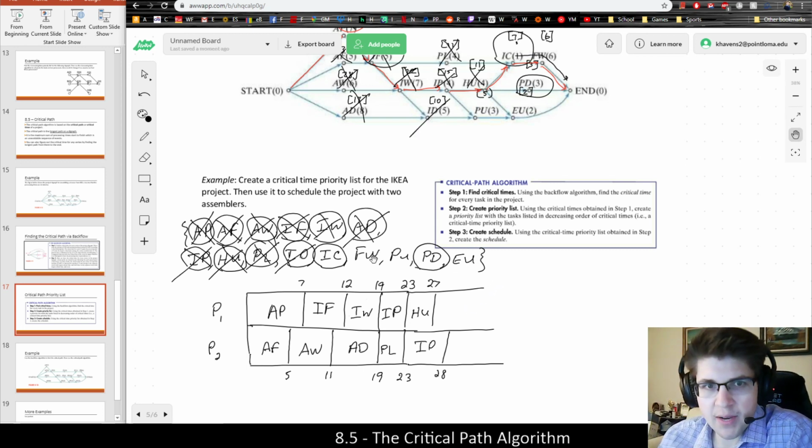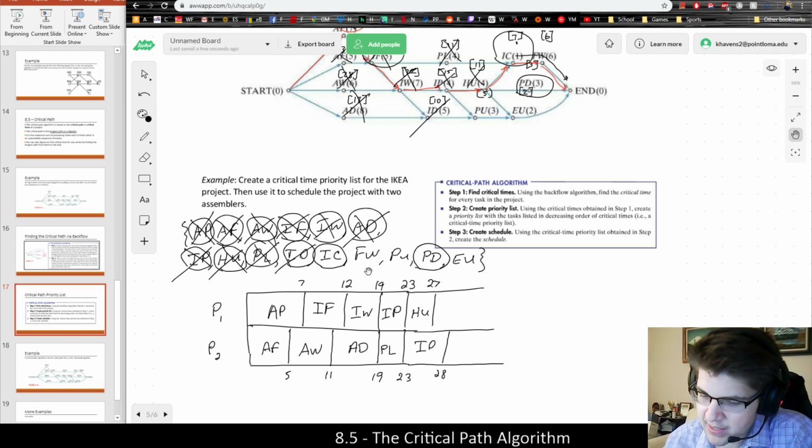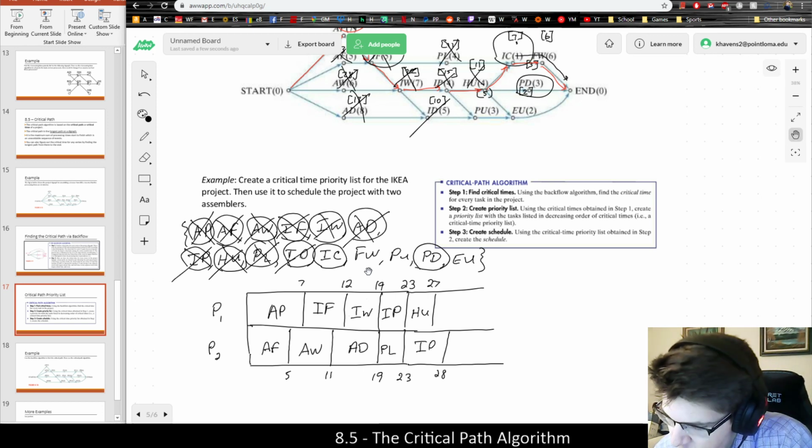Anyways, I'm going to go ahead and do IC next because, again, it's the next highest priority task, so that always makes it easier when it is high priority and it's ready to go. IC only takes 1 minute, so that would leave me right at 28.